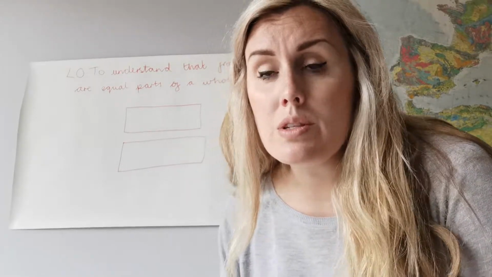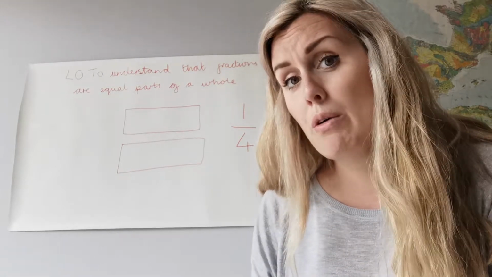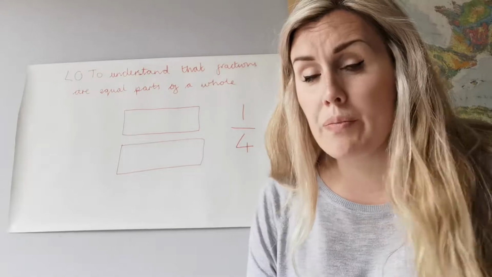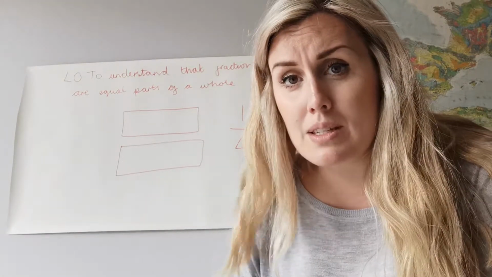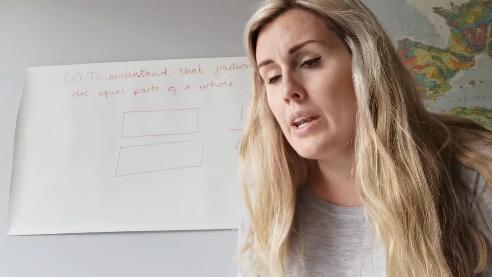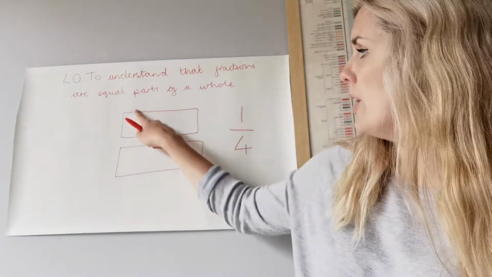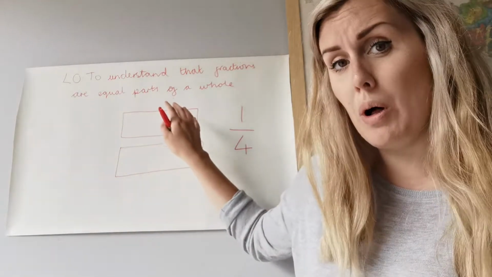So we're going to do something very similar to what we did yesterday, but instead of finding halves of a whole, we're finding a quarter of a whole. Just recapping from yesterday, when we split things like this into a half, we drew a line down the middle, so there were 2 equal parts.